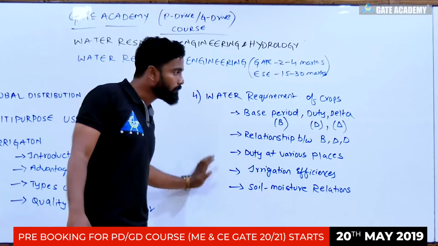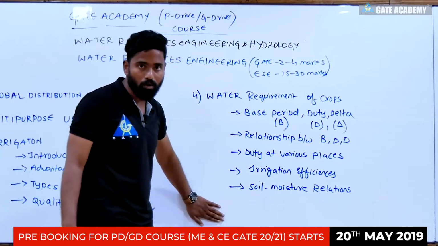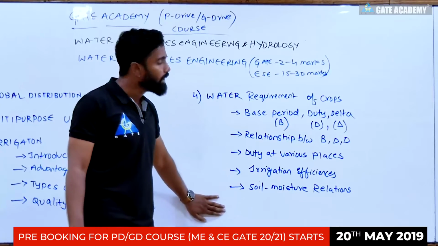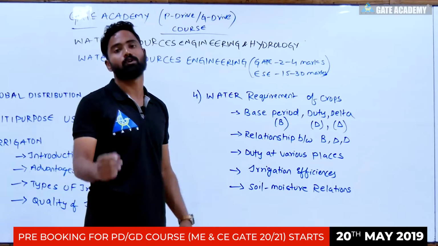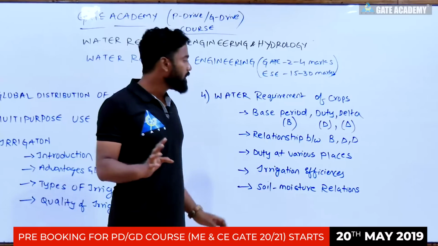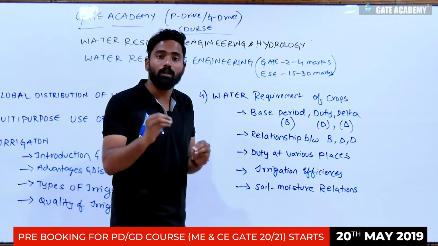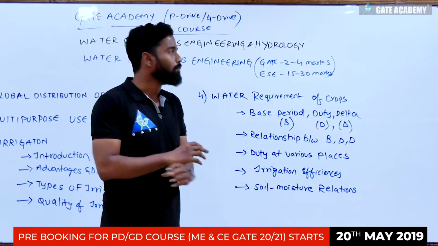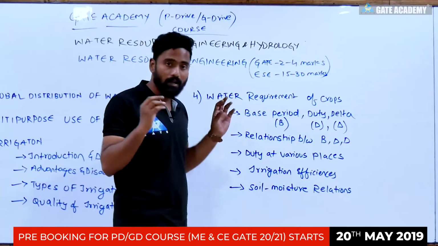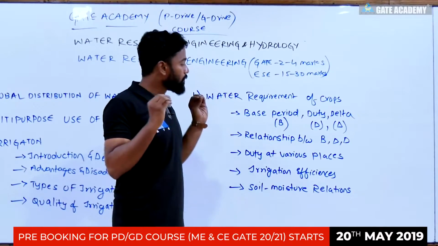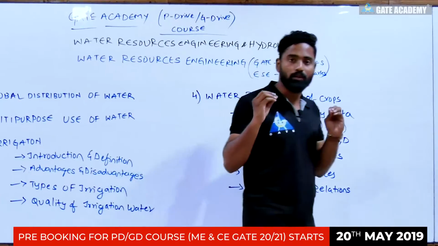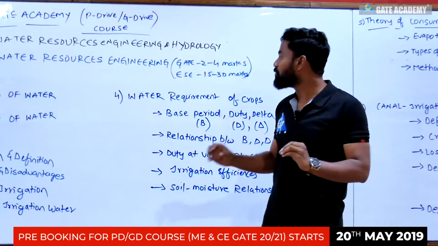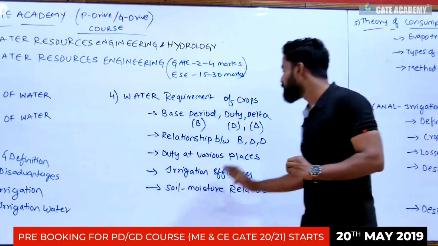Water requirement of crops is an important and scoring concept for both gate and engineering service. Sometimes people read only this concept and score, if you are lucky, but don't do that ever. You have to read each and every topic from both gate and engineering service point of view.